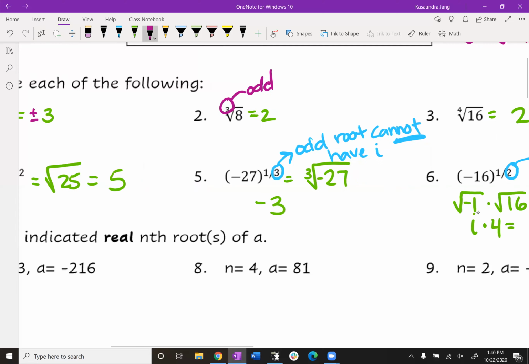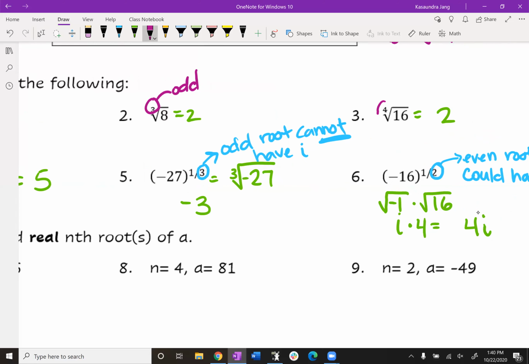All right, so number 3, this 4th root, 4 is an even number. Because of that even root, I need the plus or minus. You guys should probably pay attention to this because especially on your homework, I think they usually give you different boxes to fill in, right? So I would have to have a +2 and a -2 in the boxes.